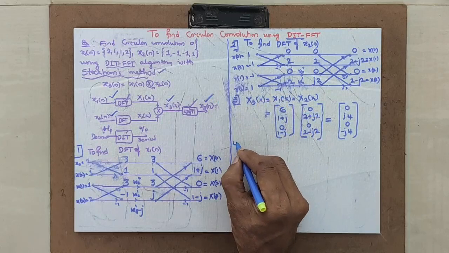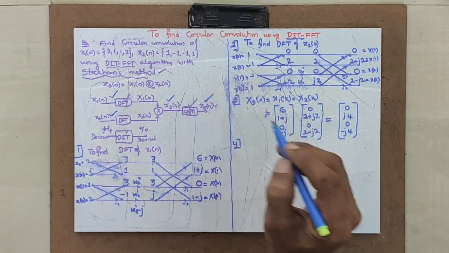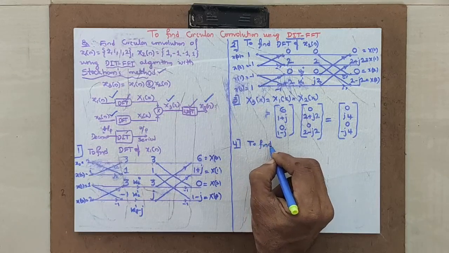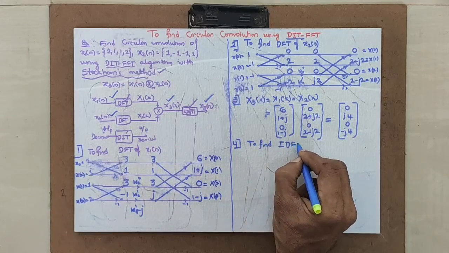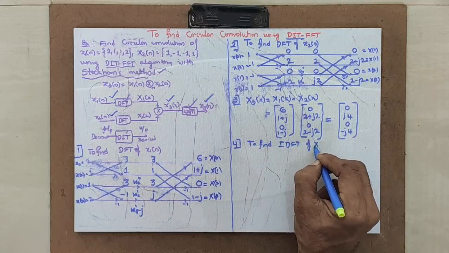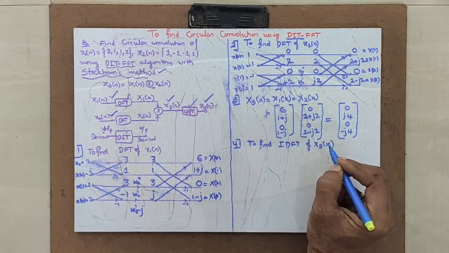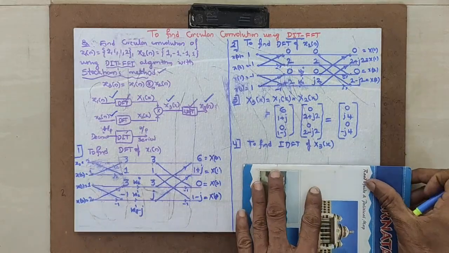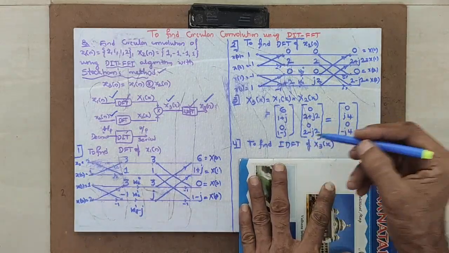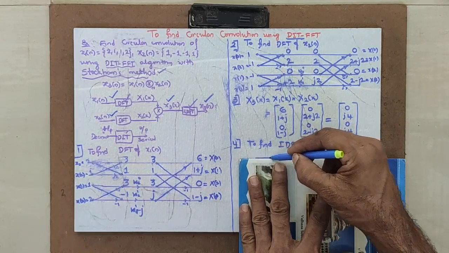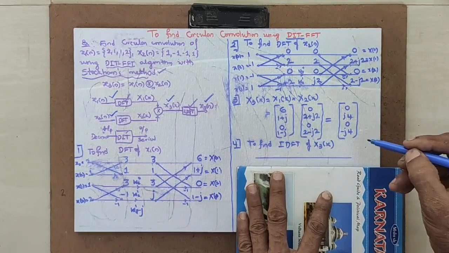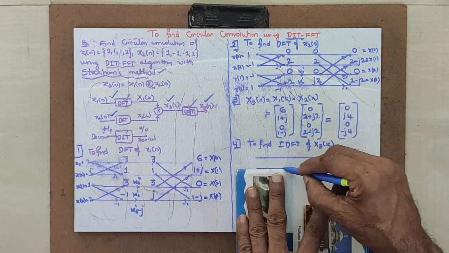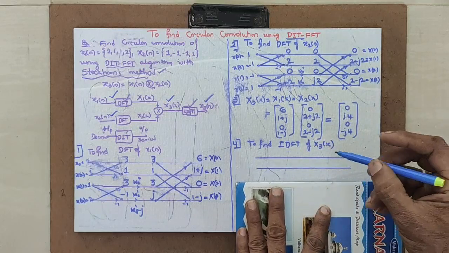Now what do you do? Fourth, you are into this step now. Last step, to find IDFT of the third signal x3k. Again, you are supposed to use the DIT algorithm, right? DIT algorithm. 1, 2, 3 and 4.